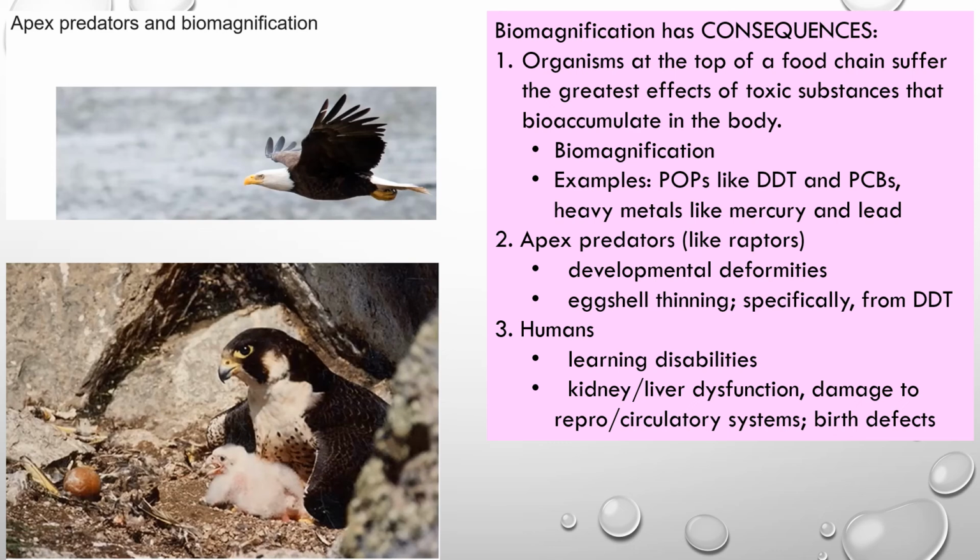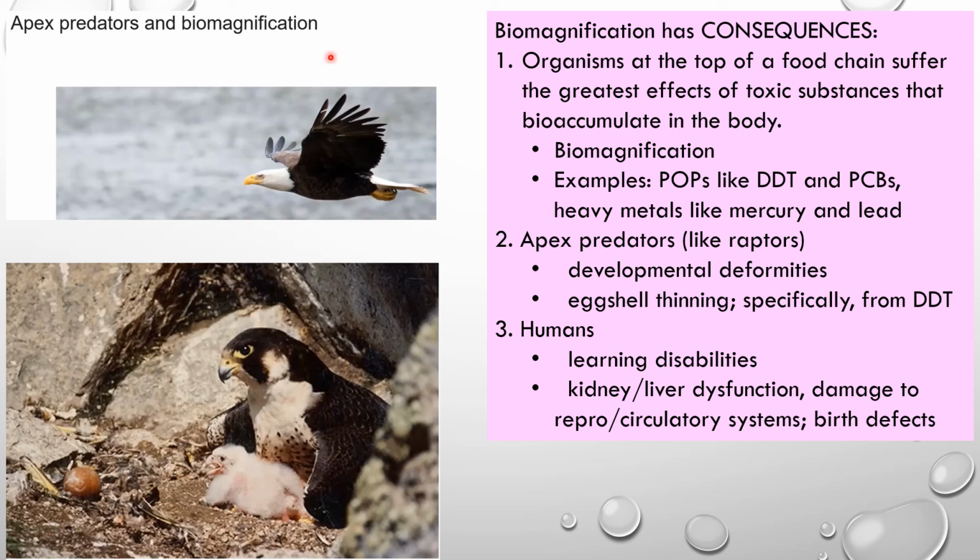Okay, mercury and PCBs are substances that bioaccumulate and have significant environmental effects. So we've talked about that. DDT, we know that it kills mosquitoes, but it's also a persistent organic pollutant that has done quite a bit of damage to eagles. Some effects that can occur in an ecosystem when a persistent substance is biomagnified in a food chain include eggshell thinning and developmental deformities in these top carnivores.